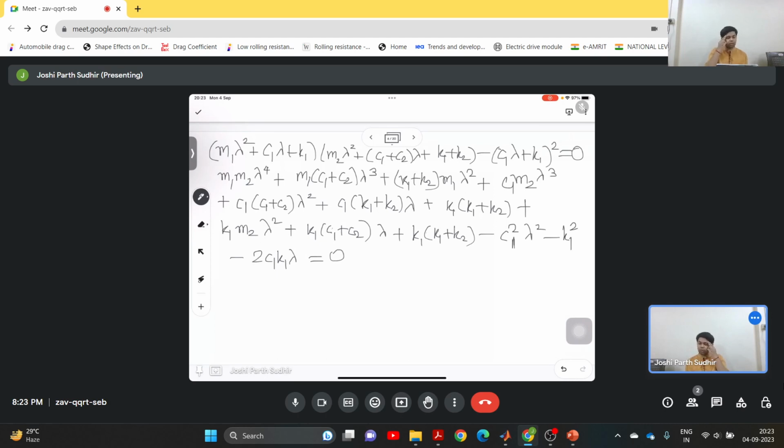So we can slightly simplify these equations by dividing by m1 m2 throughout. Or before that, we can also try to combine some of these expressions.